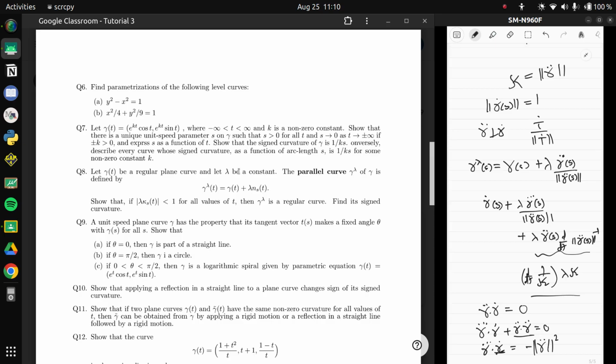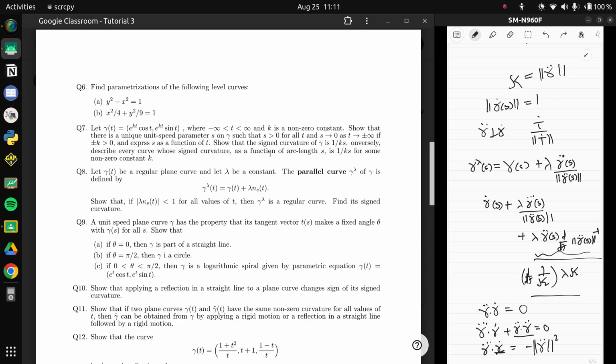We know that gamma double dot is perpendicular to gamma dot, and gamma triple dot is not actually perpendicular to gamma double dot. That's not how it is, right? So we know for sure this thing is not in this guy's direction, but another thing is the component of gamma triple dot in the direction of gamma dot, that is this stuff.